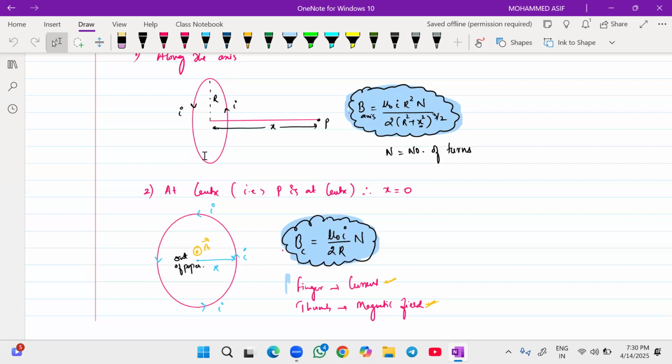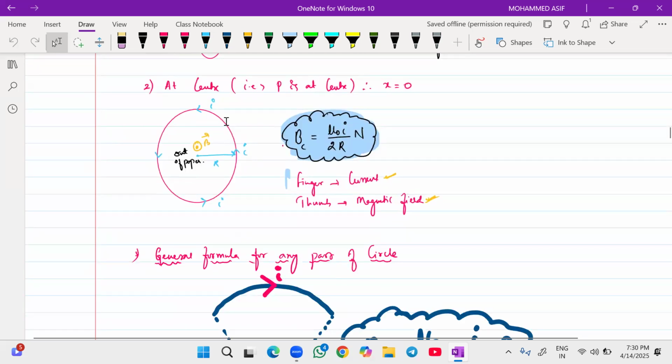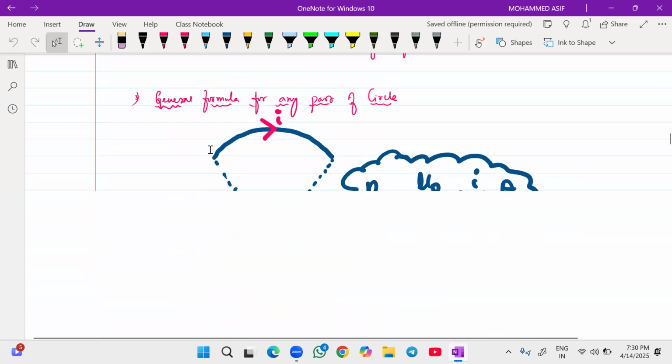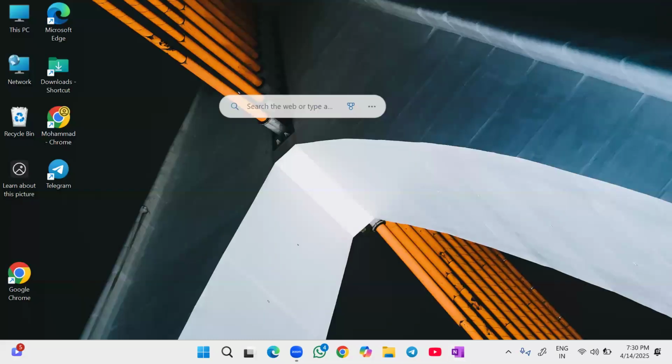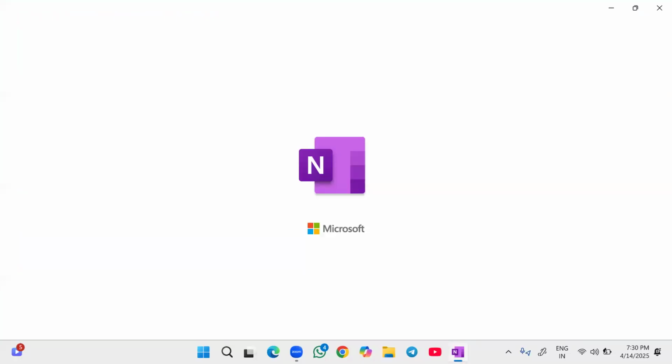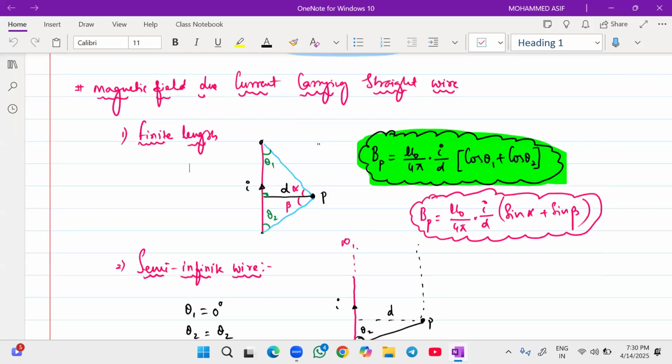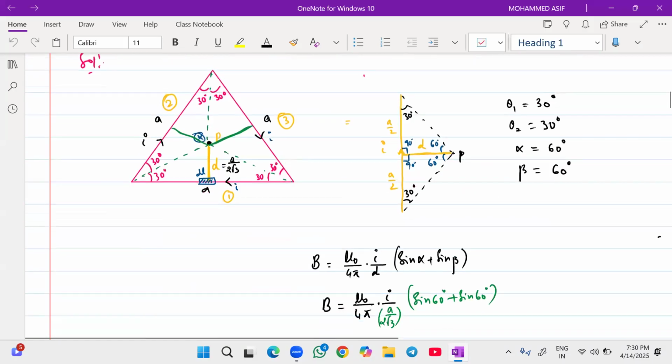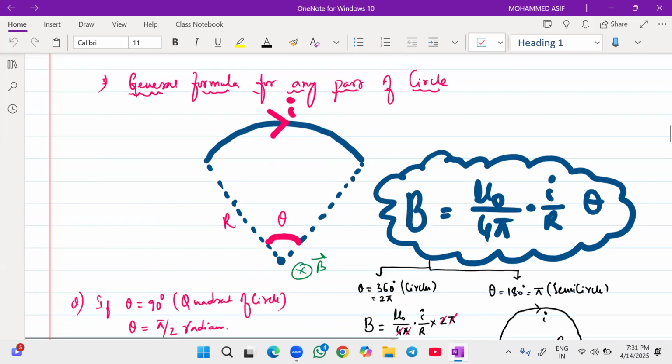So this thing you need to remember here: if the current is in anti-clockwise direction, the magnetic field is outward or inward? Outward. Now tell me, if the current is in the clockwise direction? Inward.